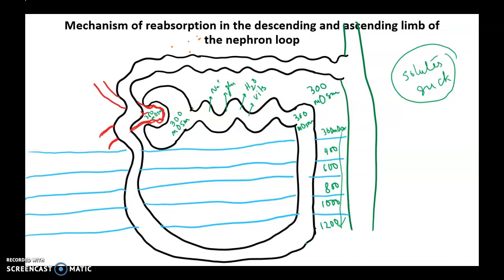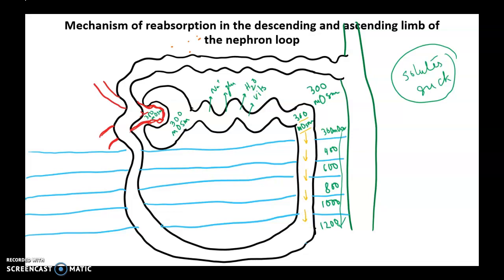Very good. Now let's look at the tubular fluid. I'll mark it with a different color. So the tubular fluid is here with 300 milliosmoles. Now the fluid comes down the descending limb.